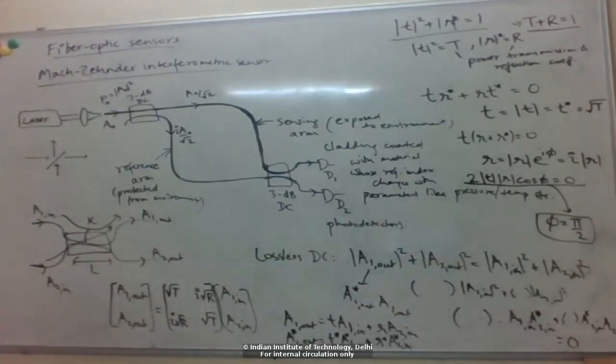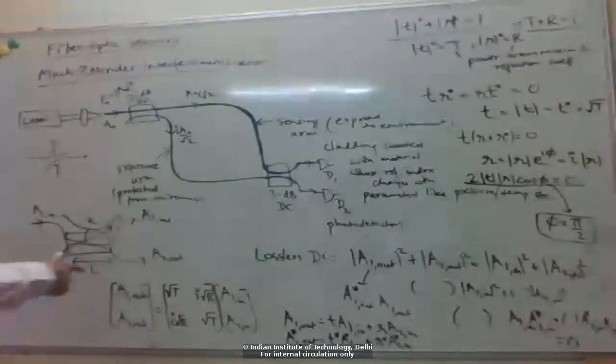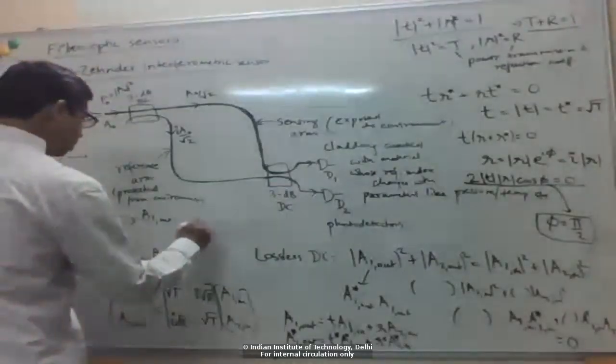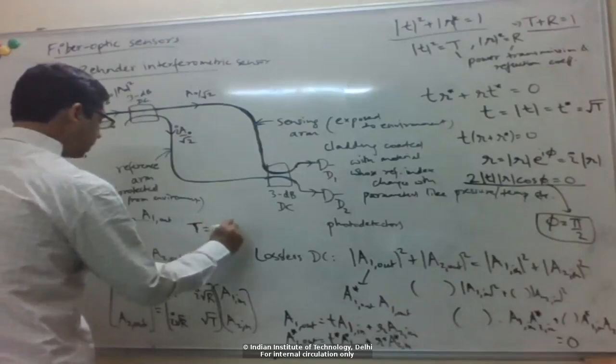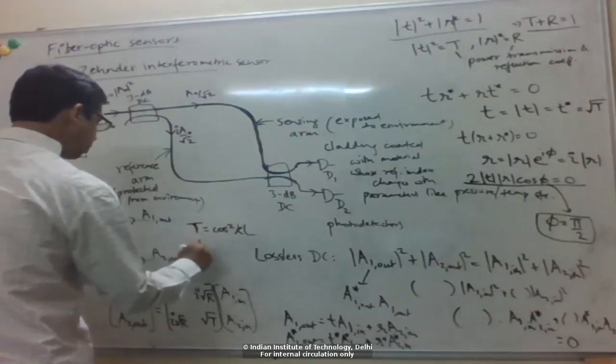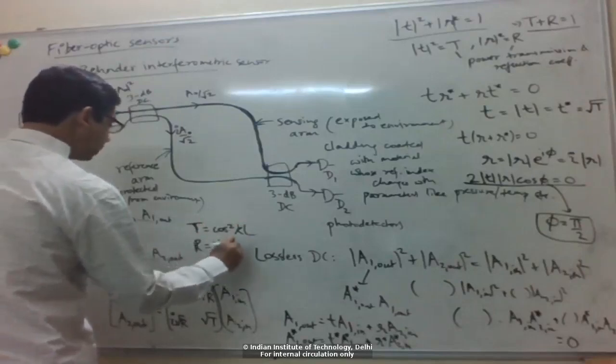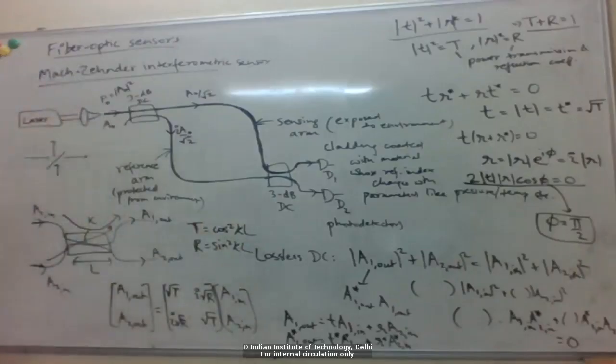And these T and R, as we discussed, T would be cosine square kappa L and R would be sine square kappa L. For a 50-50 3 dB coupler, both will be half.